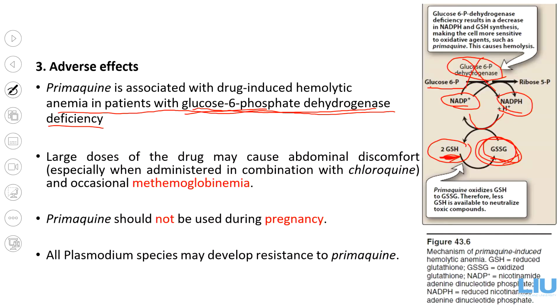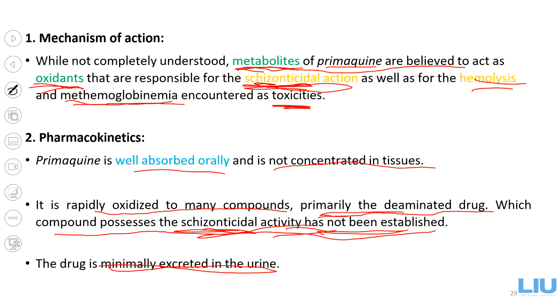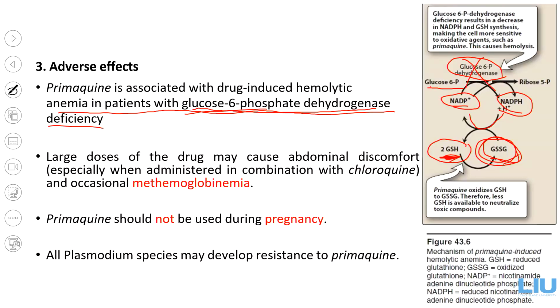So if you have less of that, what's going to happen to the toxins? They accumulate. Now with primaquine, we already have the drug producing these toxic oxidants. So if you give the drug to somebody who already has this problem, they are already susceptible to having toxic oxidants build up. If you administer it to people who have this disease, the chance of accumulating these oxidants will be even higher.